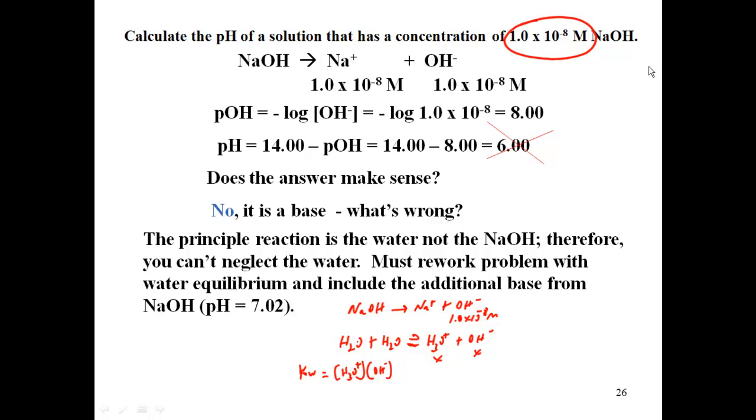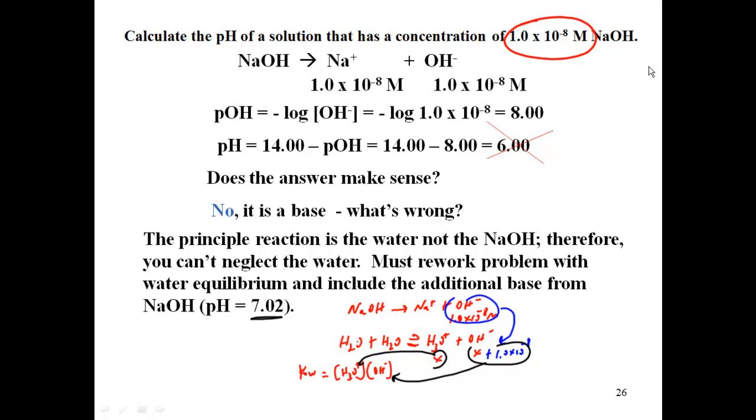But since I have some hydroxide coming from that sodium hydroxide, I have to account for that as well, which means I have for the hydroxide X plus 1.0 times 10 to the negative 8. Those are the values that we would plug into our equation and solve for X. When we do that, we end up with a pH of about 7.02.